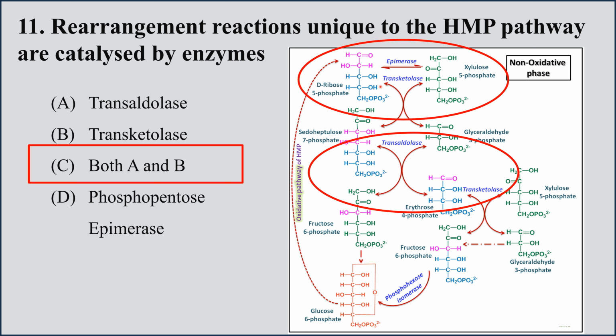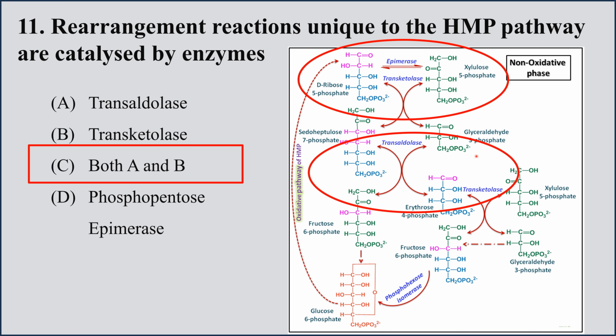Transaldolase transfers the aldo group, transketolase transfers the keto group. So transketolase and transaldolase are involved in the transfer reactions, the rearrangement, in which there is a 5-carbon sugar and a 5-carbon sugar, and then they transfer the groups and carbons.